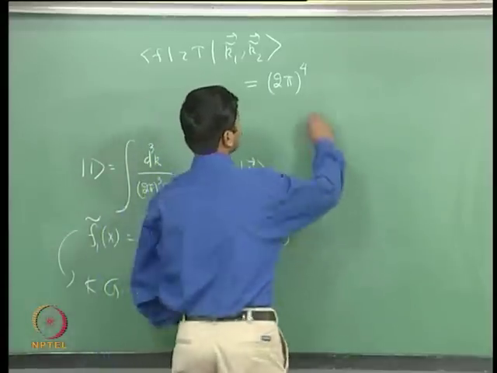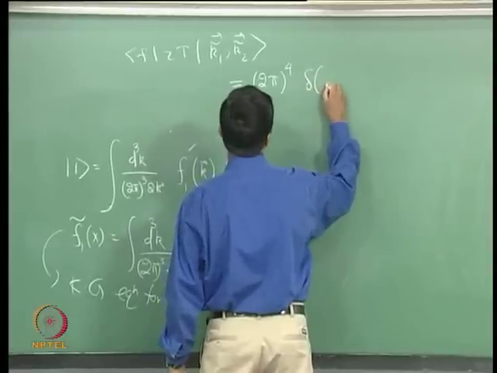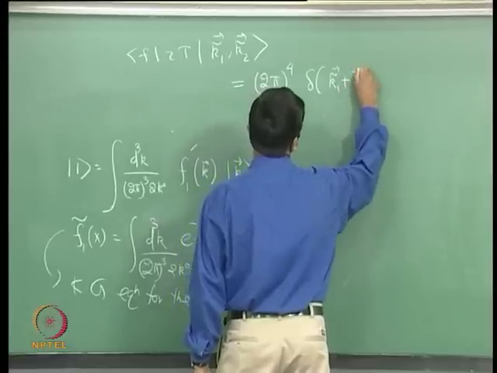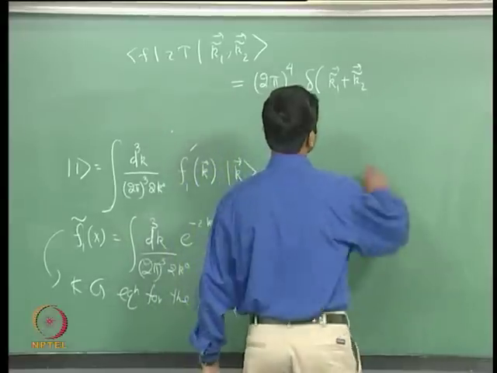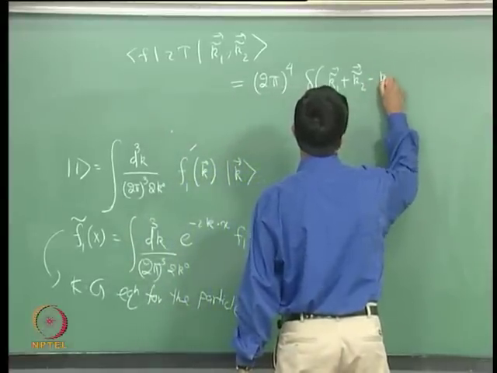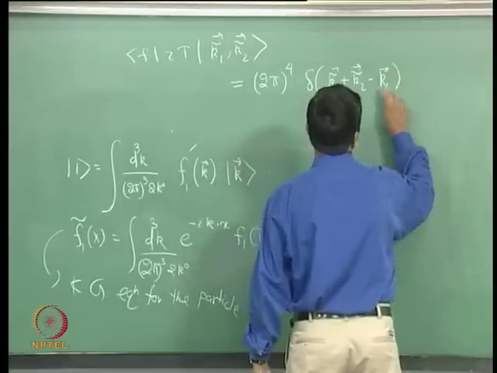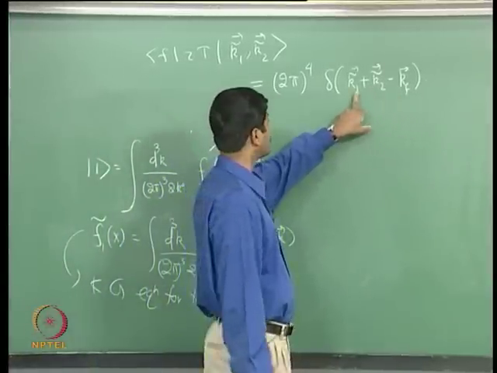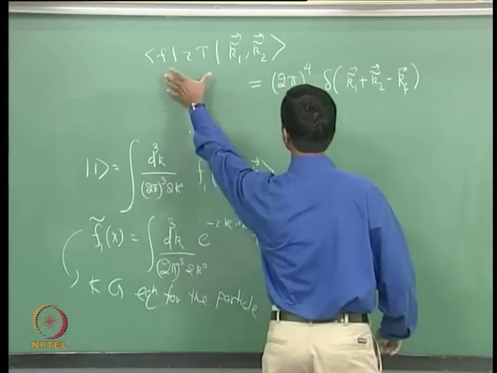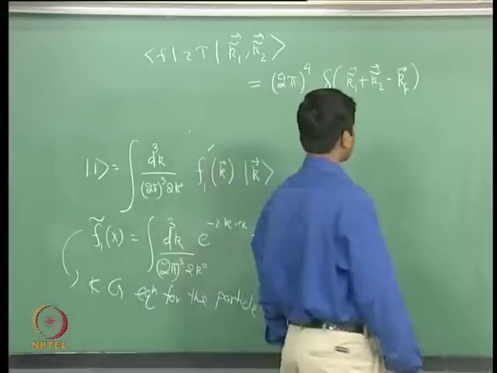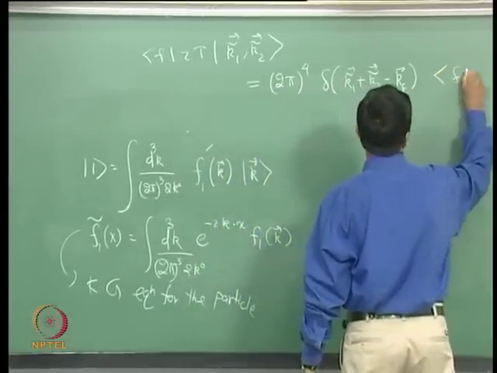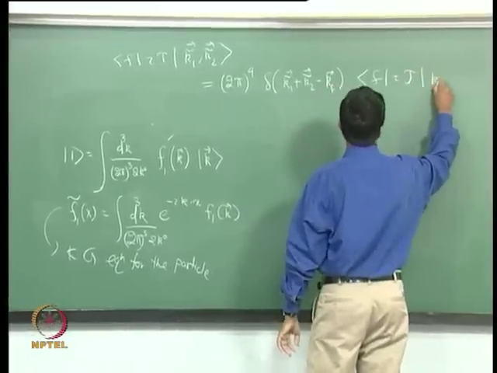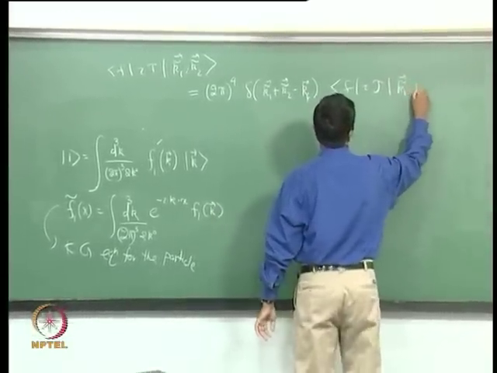It will have a delta function, delta of k1 tilde plus k2 tilde minus kf, where kf is the sum of momenta of all the outgoing particles. So, it will have such a term here, and then the remaining part of the amplitude I will denote as f i curly T of k1 tilde k2 tilde.